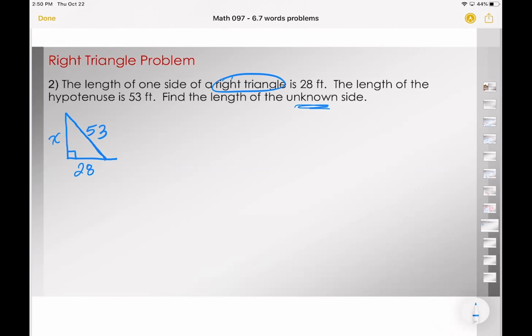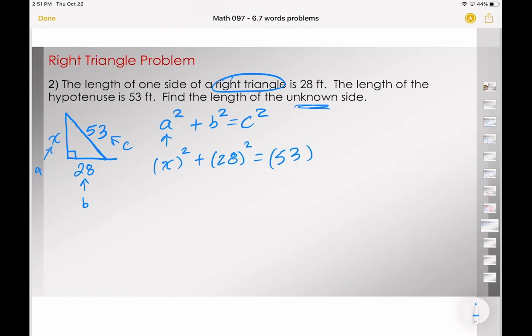And to go back to our Pythagorean theorem, which is a squared plus b squared equal to c squared, everybody see that this is your a, this is your b, and this is your c. Consistently the same: instead of a, I put in my x; instead of b, I put in my 28; and instead of c, I put in 53.